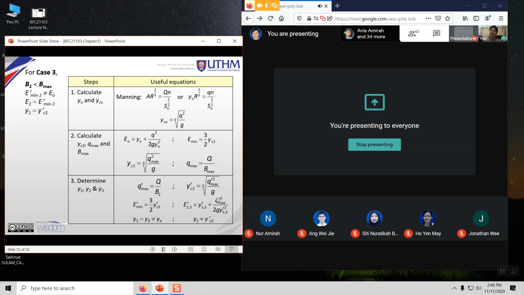We need to find our E13. How are we going to find E13? We need to find our Qmax. How are we going to find our Qmax? We are going to determine our YC2. How are we going to determine our YC2? We already have our Q and Bmax.